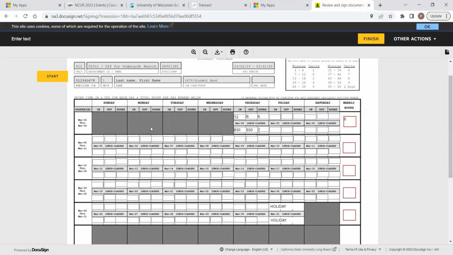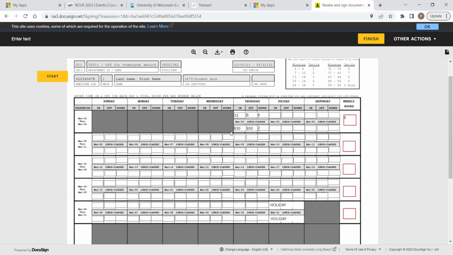Another piece of information that you need to pay attention to is these grayed out boxes. As you can see, this month started on the Thursday and then it continues up until Saturday, which means that these other boxes, although they were not part of March, are still the same week. So as you know, some of you are limited in working hours. For example, if you're a UROP student, you can only work a max of 12 hours a week.